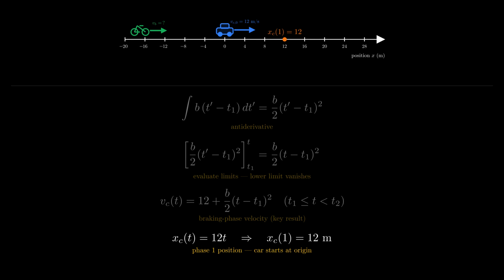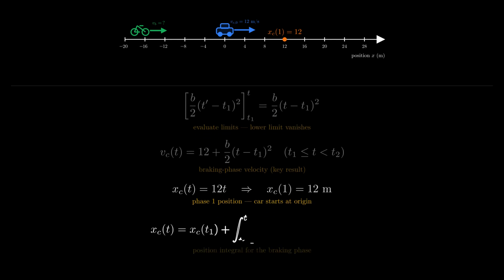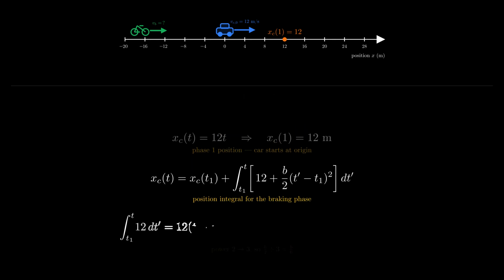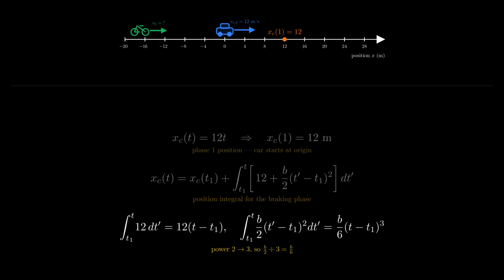For the braking phase, we integrate the velocity from t1 to t, so x sub c of t equals x sub c of t1 plus the integral from t1 to t of the braking velocity. The constant 12 integrates to 12 times the quantity t minus t1. The quadratic term b over 2 times the quantity t prime minus t1 squared integrates to b over 6 times the quantity t minus t1 cubed.